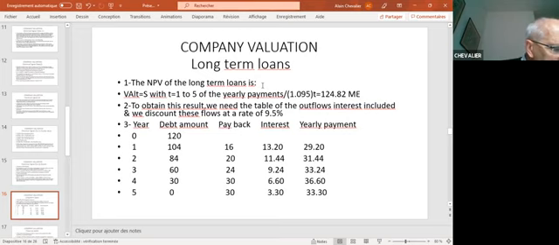The interest will be 13.20, which is 11% of 120. It means what is paid at year one is equal to the repayment 16 plus 13.20 of interest, which is equal to 29.20.